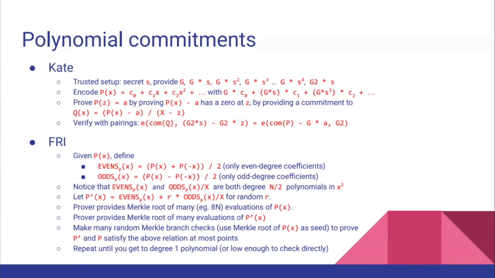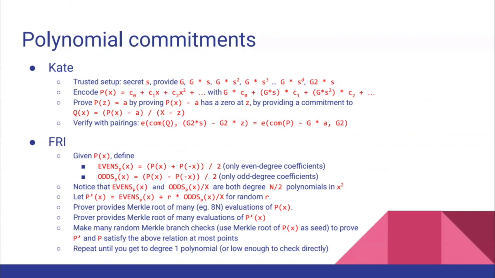So to start off, kind of quickly going through the two major polynomial commitment schemes, there's KZG commitments or Kate commitments, which rely on elliptic curve points. And the basic idea is you have this trusted setup where you have the generator, and then you have the generator multiplied by every power of the secret point.